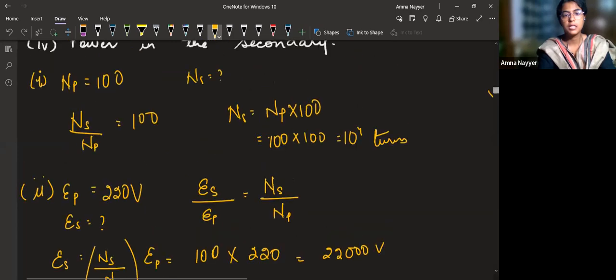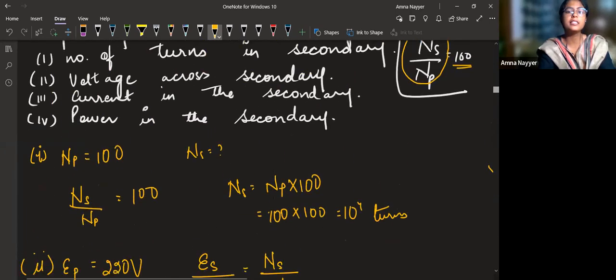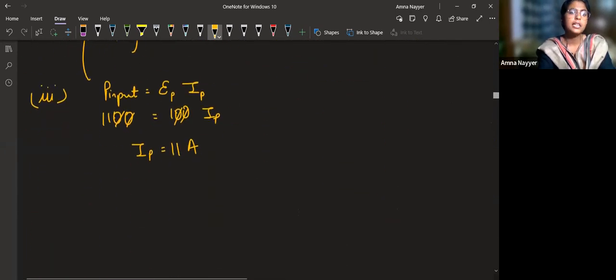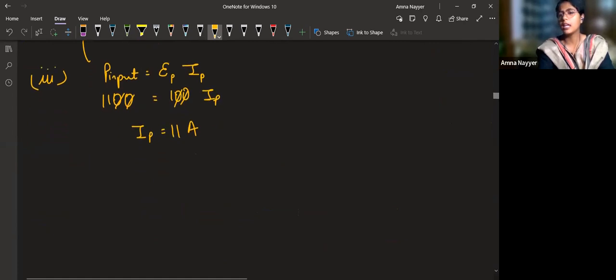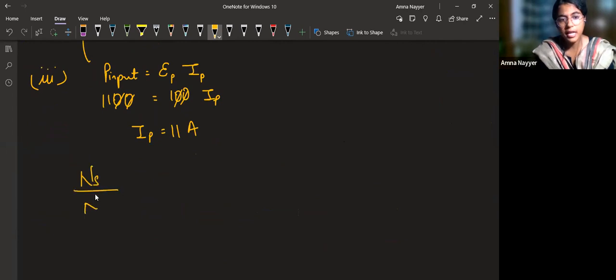And current in secondary it is asking. Now that current in primary is known, calculation of current in secondary is not difficult. If we use the relation NS by NP, what did I tell you? Here you have to write IP; if you have S here, then here you write P. So this will become IP by IS. IS is only missing.